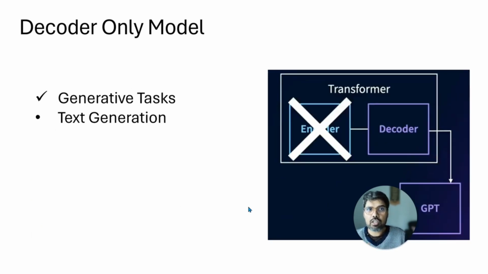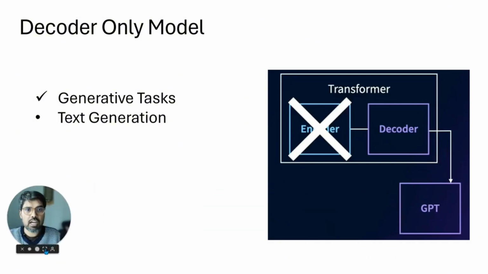Then we have the decoder-only model. Decoder-only models are mainly for generation tasks like text generation. Examples of decoder-only models are ChatGPT, GPT-3, and so on.